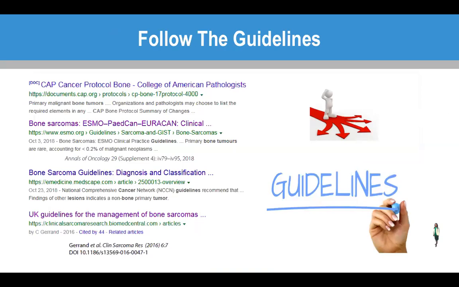For pathologists, the College of American Pathologists Cancer Protocol for bone tumor is really relevant. For clinicians, there are practice guidelines. For example, the NCI-NIH Cancer Center has bone sarcoma guidelines, and our European colleagues also have clinical guidelines.